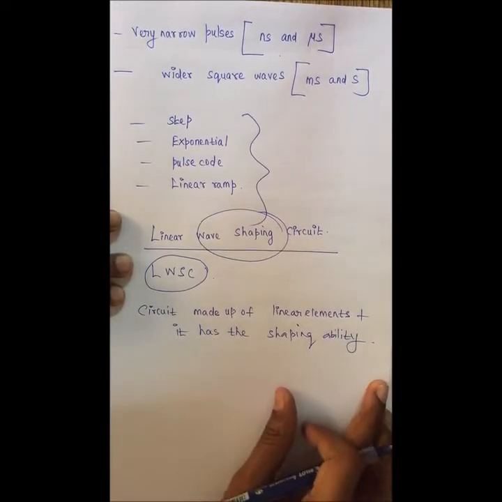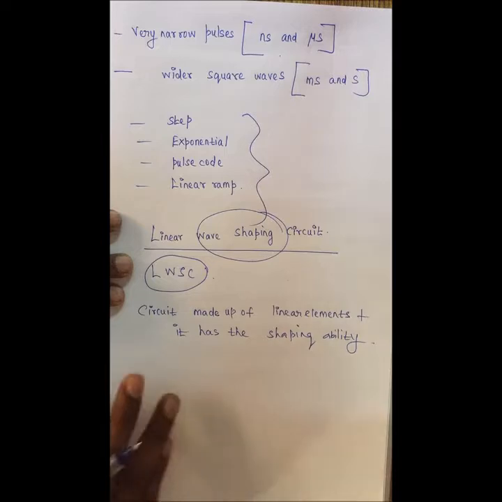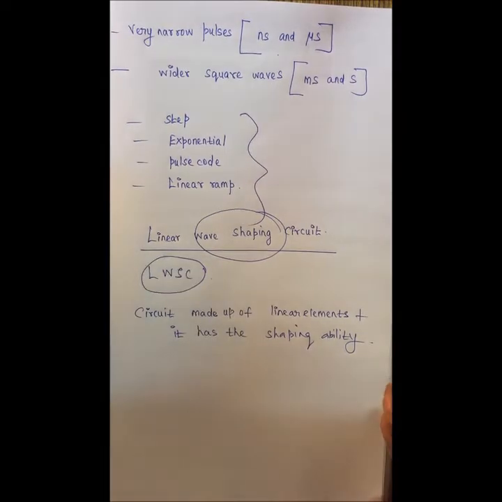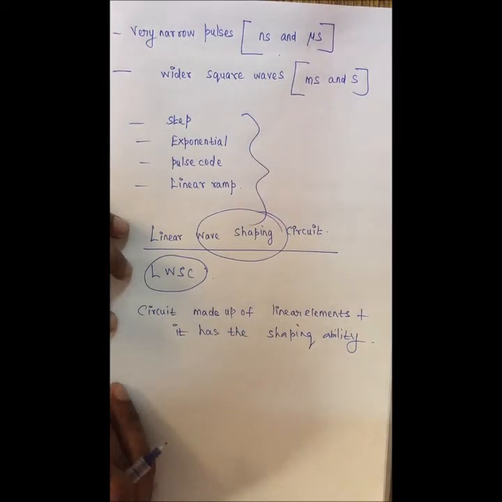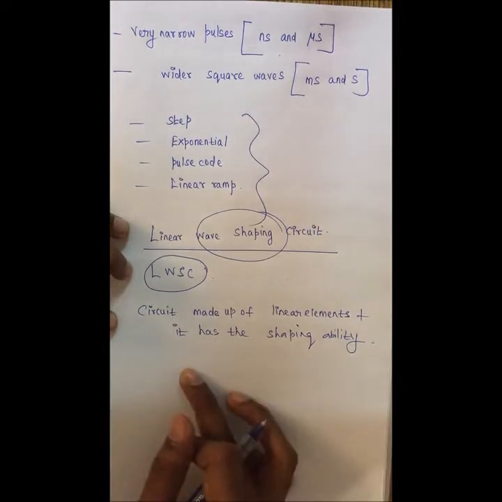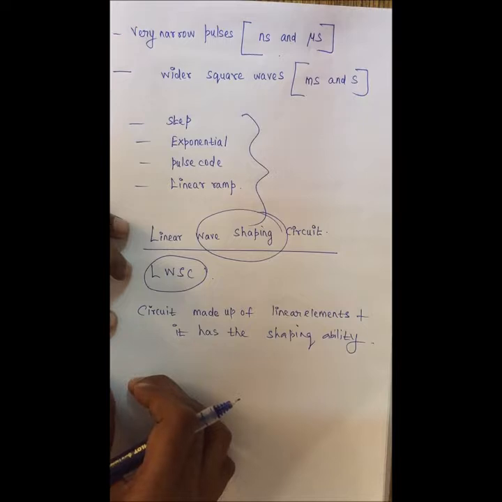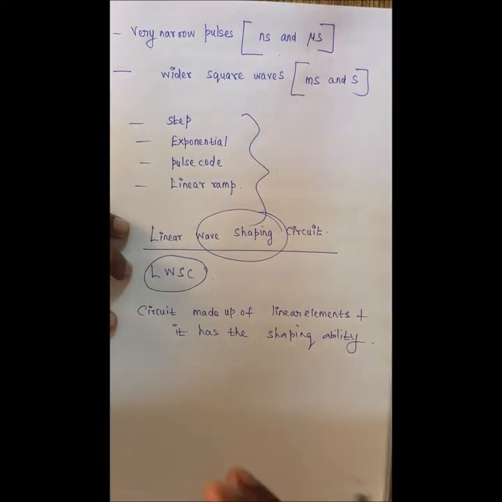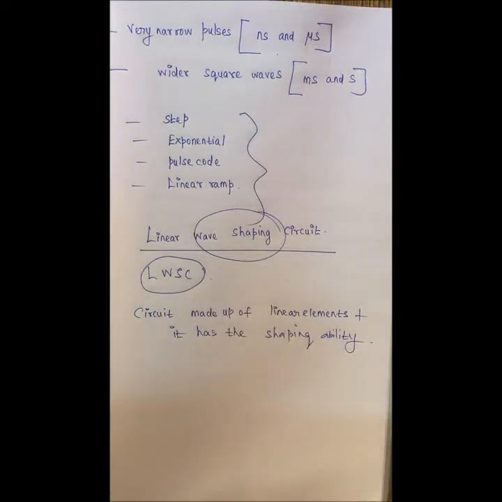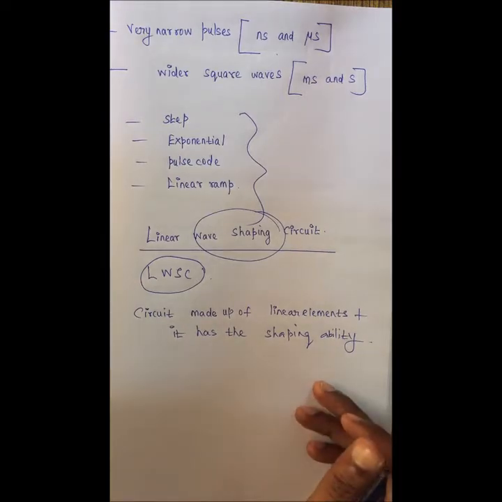Shaping ability in the sense you give a particular waveform, it shapes into a different waveform. For example, you give a step signal, it will shape it into an exponential. You give a pulse, it will shape it into a spike. So anything it can be, converting one form to another.